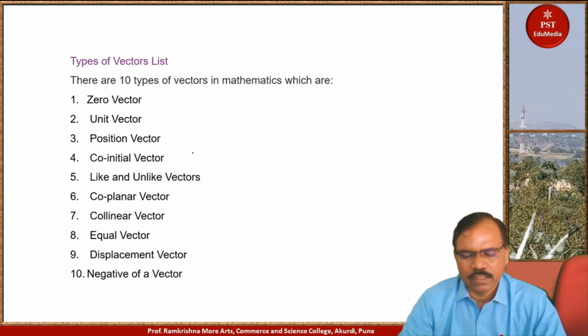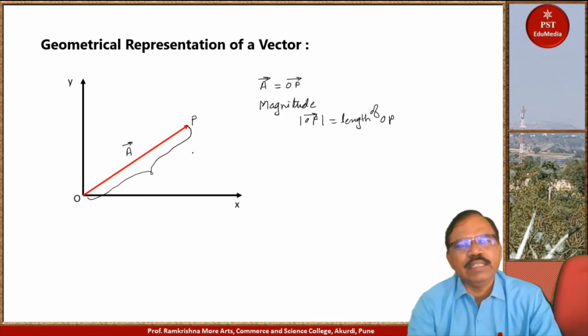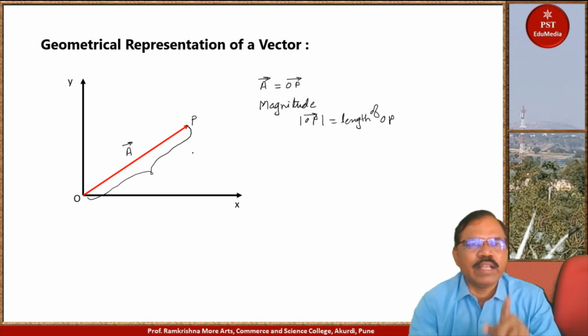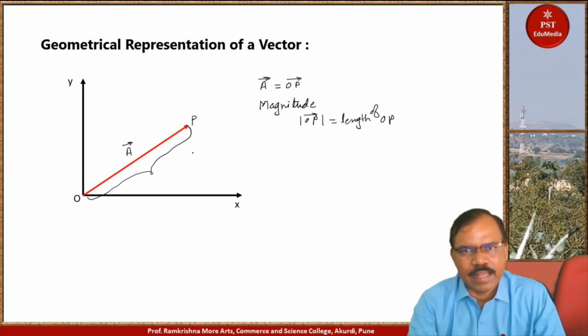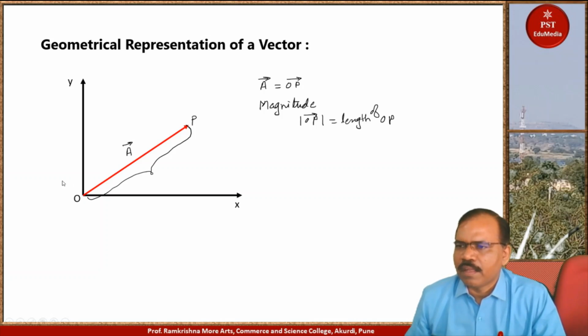So we will go one by one. Here we have seen OP is a vector, or we can call that vector A, so A is equal to OP, and the magnitude of OP is nothing but the length of OP.